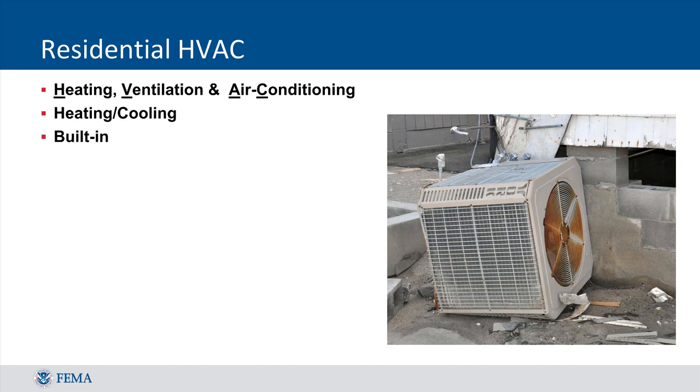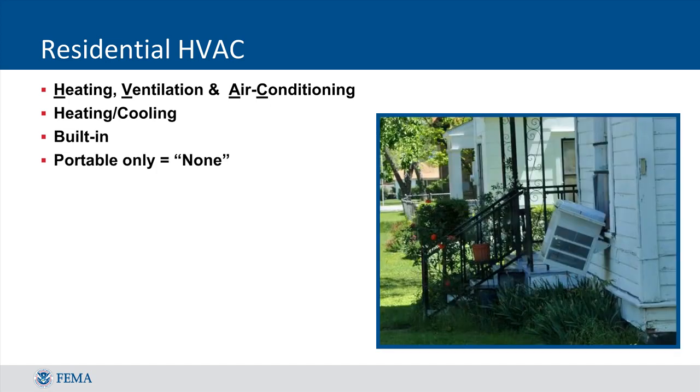Often, a true HVAC system can be identified from the outside by a compressor unit that circulates the refrigerant in the system. That means that portable window air conditioning units or other types of removable heating or cooling units would not be considered an HVAC. If these are the only types of heating or cooling systems in the household, you should select none for HVAC.